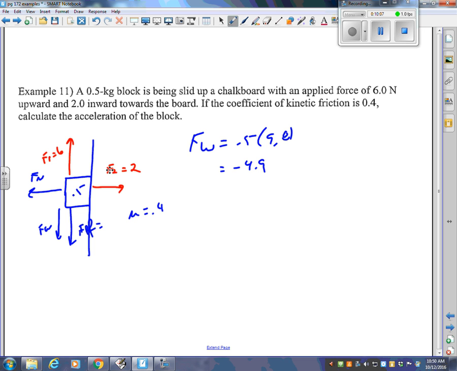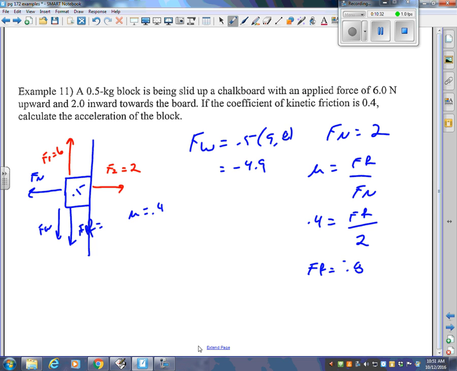The normal force is not the weight force. The normal force is actually equal to that value of 2. So mu equals Ff over Fn. 0.4 is equal to the friction force over 2. So friction force then is 0.8, and that's actually negative, it's down, right?